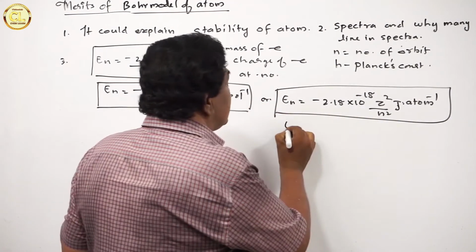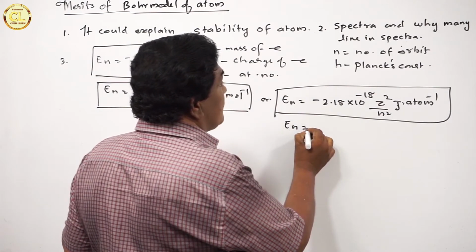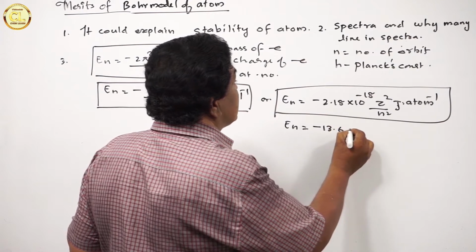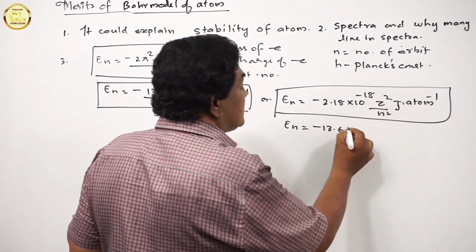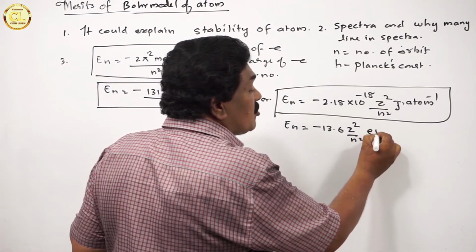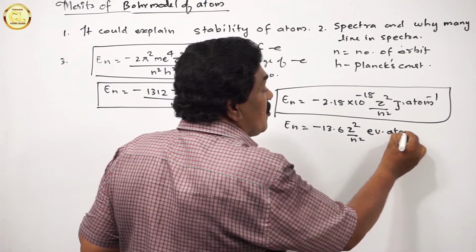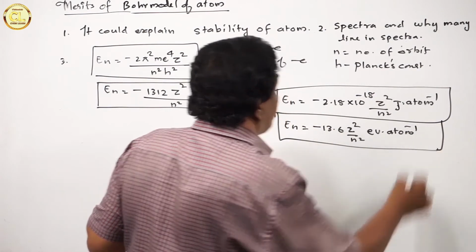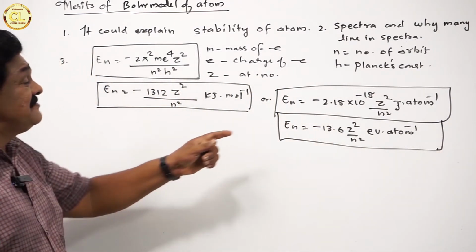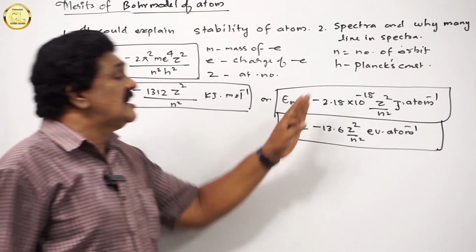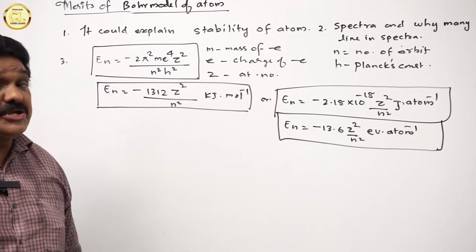Now, the energy of the electron of the nth level can also be expressed in electron volt. It is minus 13.6 into Z square by n square electron volt per atom. That is the value of energy of the nth level in hydrogen atom in electron volts. See, all these values are the same, but they are in different units.